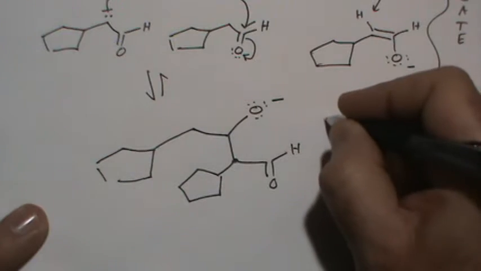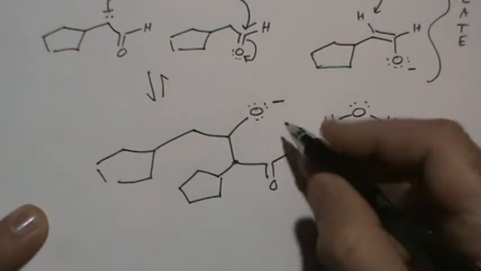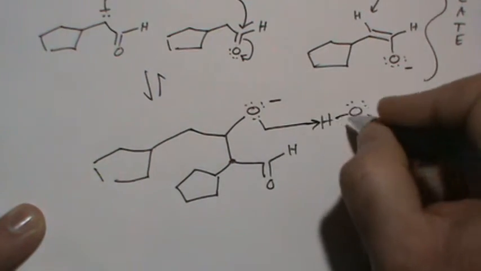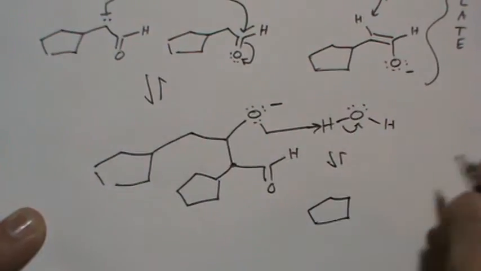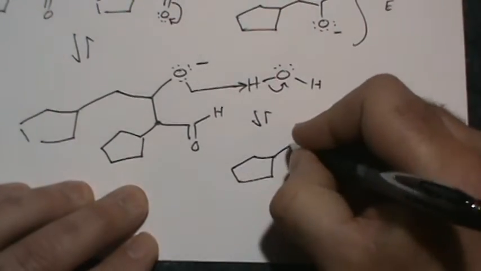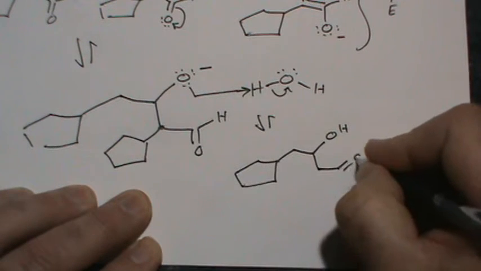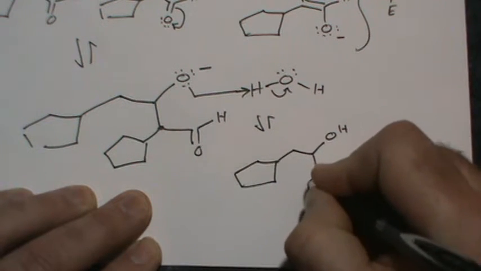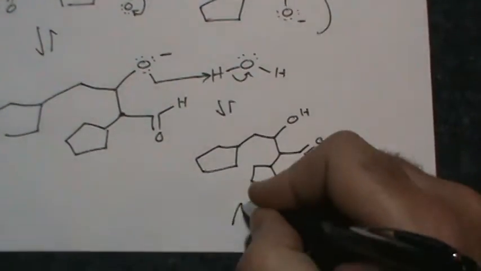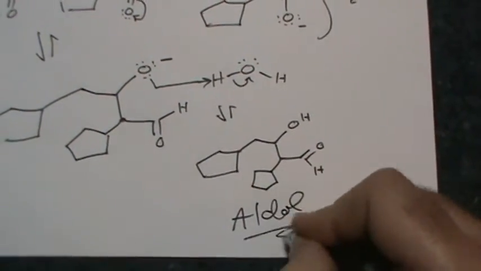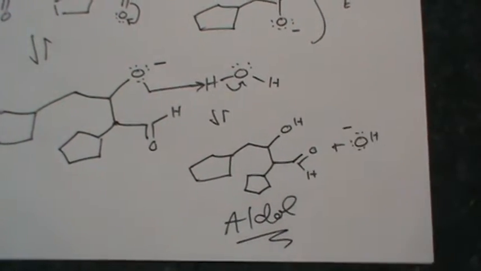We're in aqueous reaction conditions, so this alkoxide anion is simply going to be protonated by water to give me the aldol, plus OH-, so I'm regenerating my hydroxide anion.